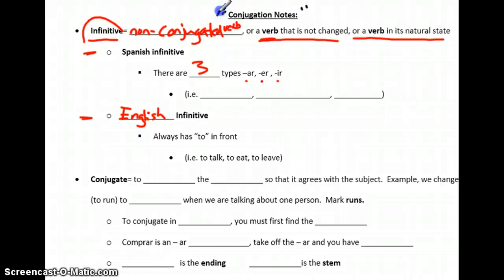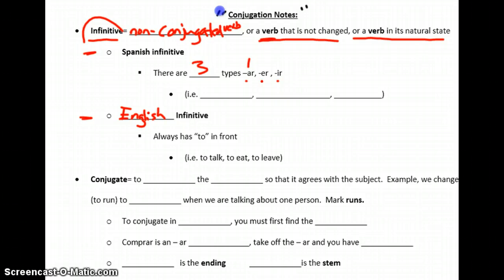And basically what that means is any verb in Spanish is going to end in AR, ER, or IR. So you've learned that nouns sometimes end in O, sometimes end in A. They really can end in any letter. But every single verb in Spanish will end with AR, ER, or IR. In this chapter, we'll be dealing with AR verbs.